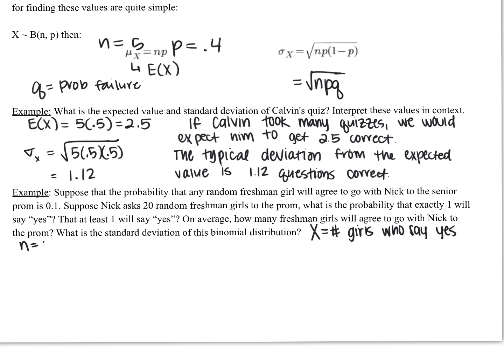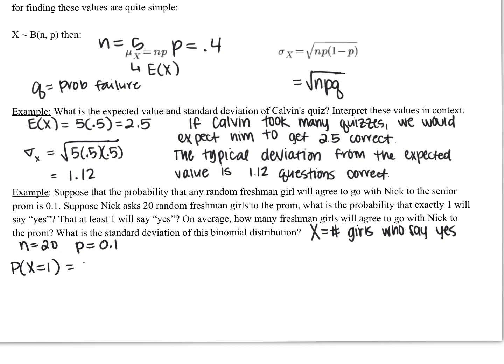Our n is 20, and our probability of success is 0.1. So the first part is the probability that exactly one will say yes. So that's the probability x equals 1. Depending on how you want to do this in your calculator, using either the exact formula or binom PDF, both work.